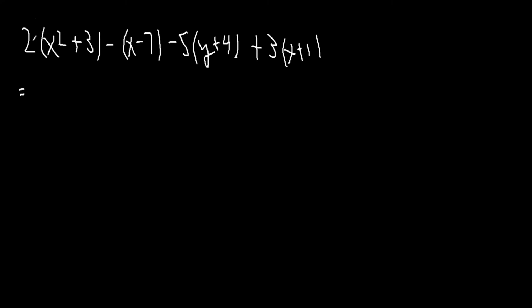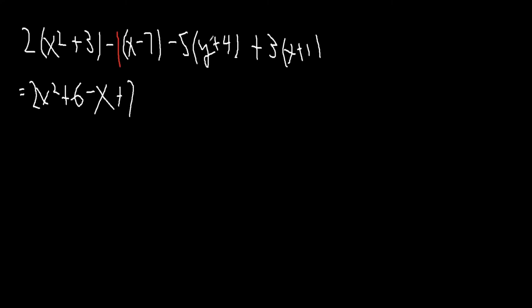So we have 2 here, and it's going to be 2 times x squared. So that's 2x squared, and then 2 times 3, which is 6. So here we have our negative sign, and that's the same as negative 1. So that gives us negative 1 times x, which is negative x, and negative 1 times negative 7, which is positive 7.